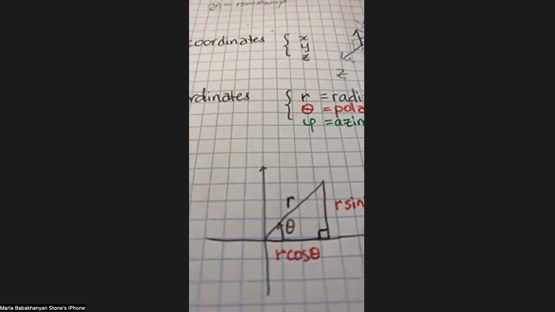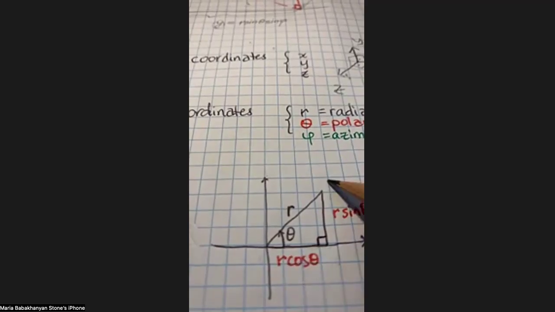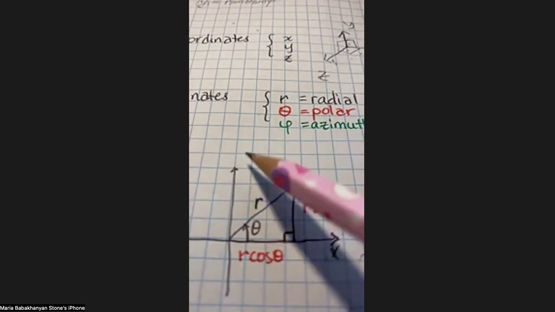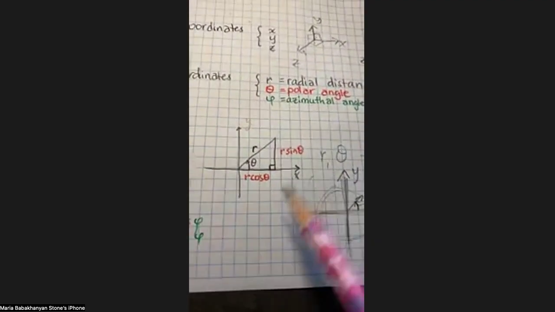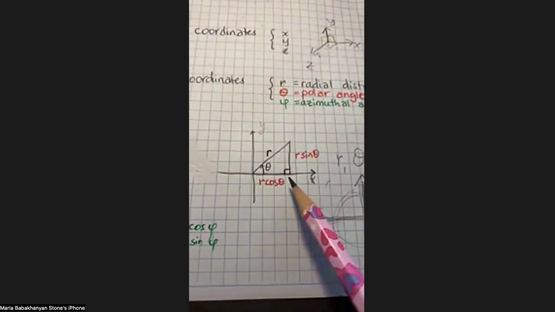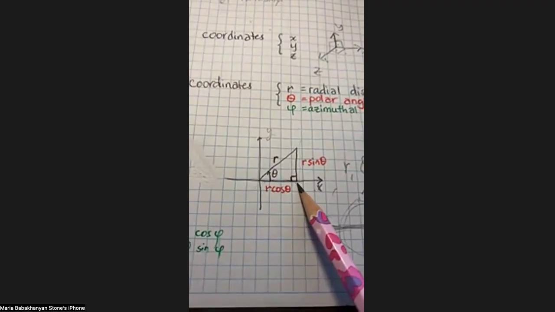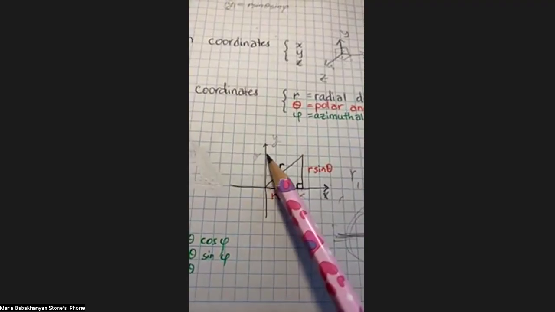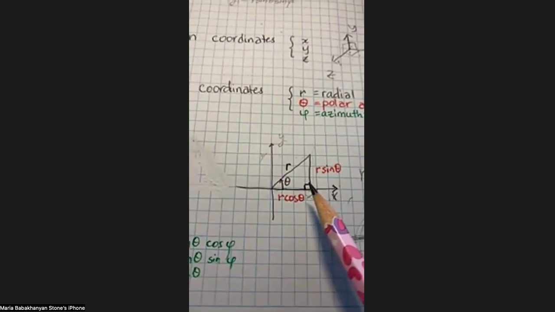So in this scenario, you can take the r and have its projections for the x and y axis. And because it's a right angle, you can use the right angle definitions for cosine and sine to then transform your x coordinate and your y coordinate to polar coordinates.